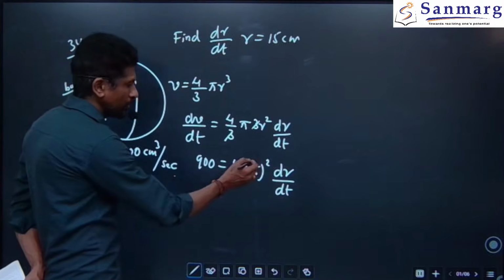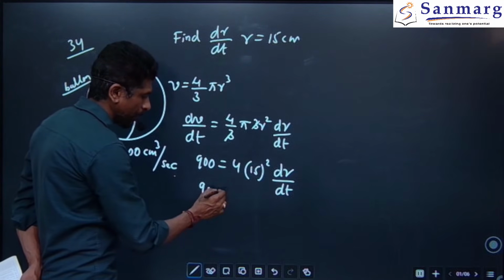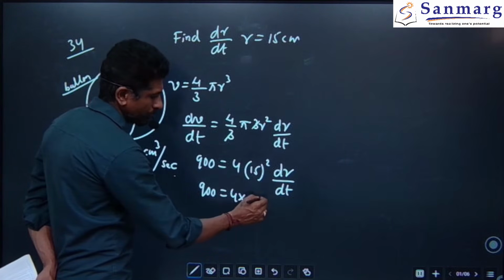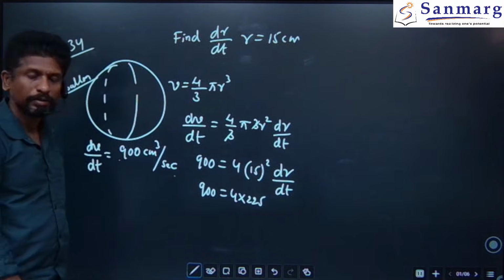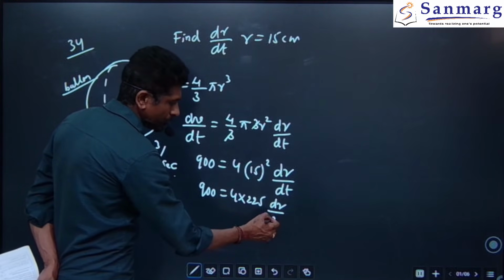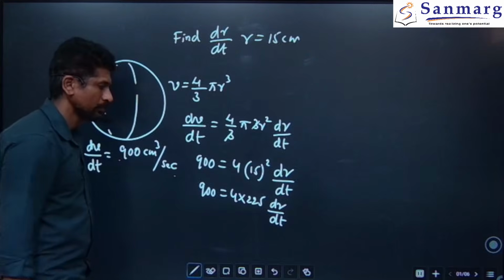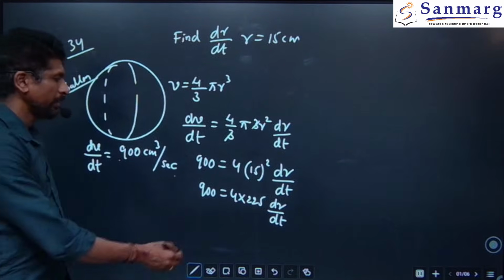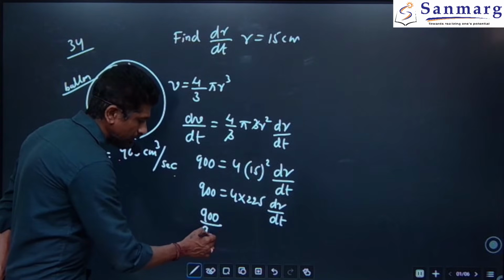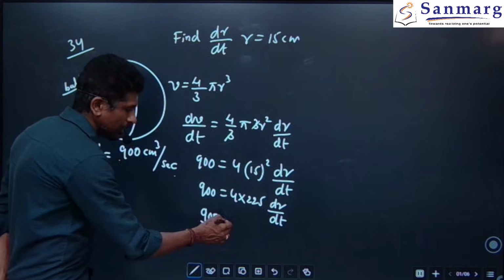So now 15 square value is 225. So now 225 into 4 becomes again 900 itself. So automatically the answer is 900. You have to consider this one in the LHS side.